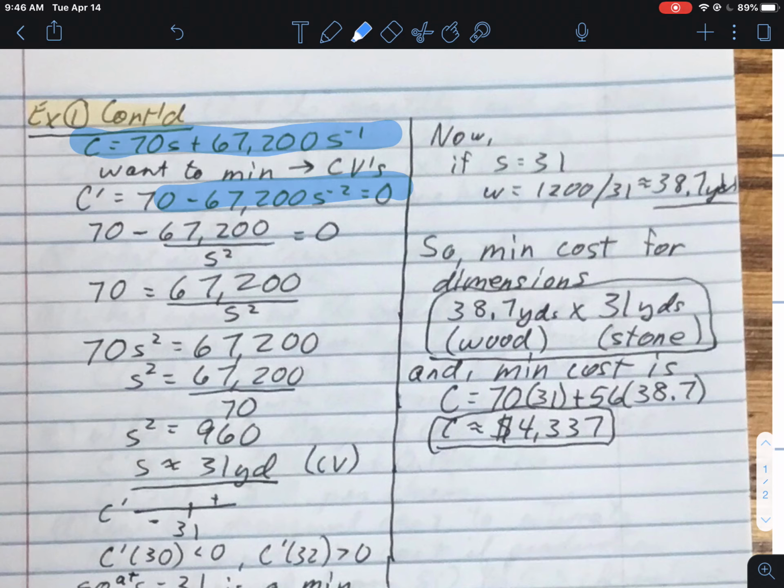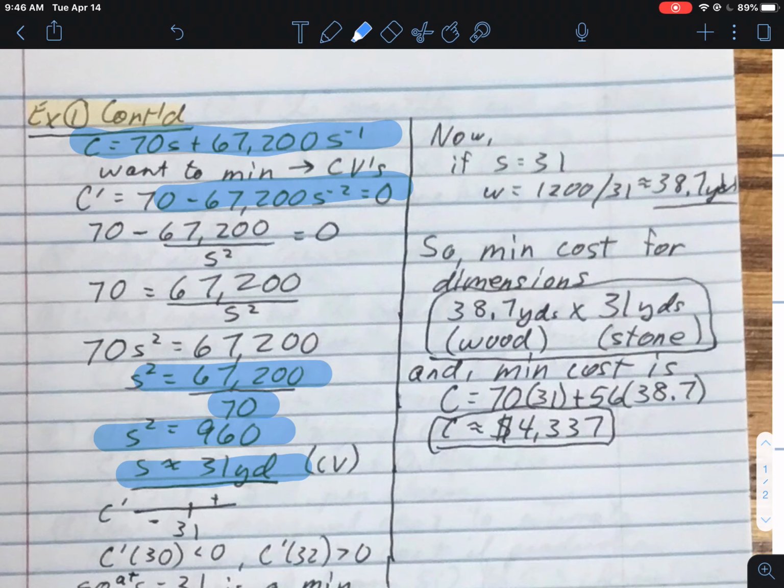And then multiplied both sides by s squared. Divided by 70. And now I've got s squared equals 960. And then the square root of 960, approximately 31.